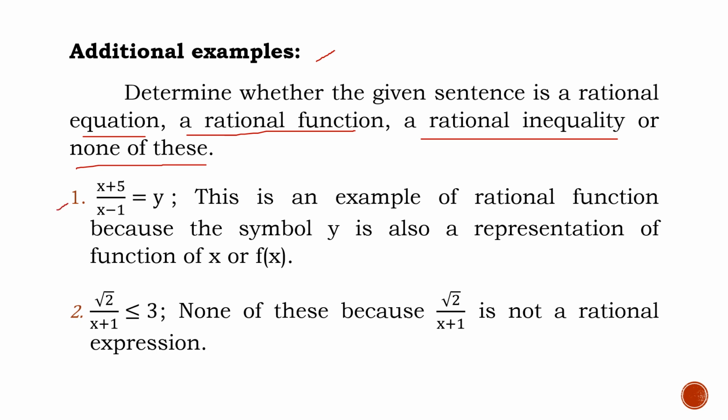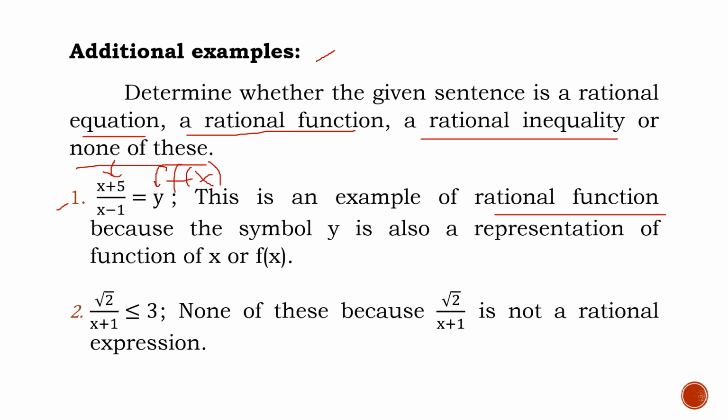For number 1, x plus 5 over x minus 1, as you can see here, your left side is a ratio of polynomial functions. Both your numerator and denominator are polynomial functions, wherein there is an involvement of y, so we can replace this y as f of x. That's why this number 1 example is a rational function.